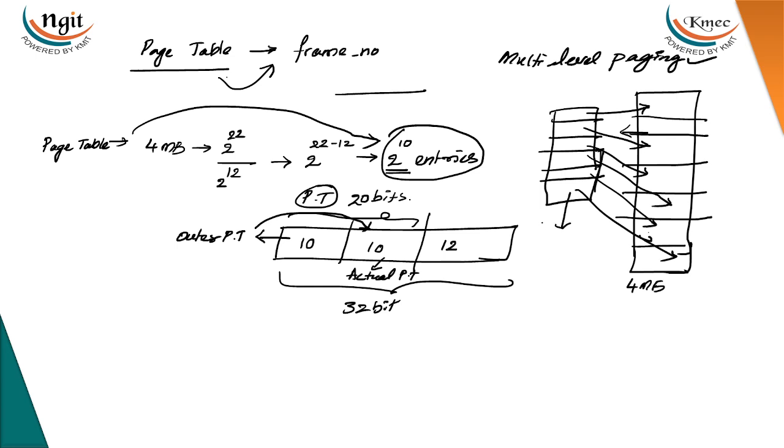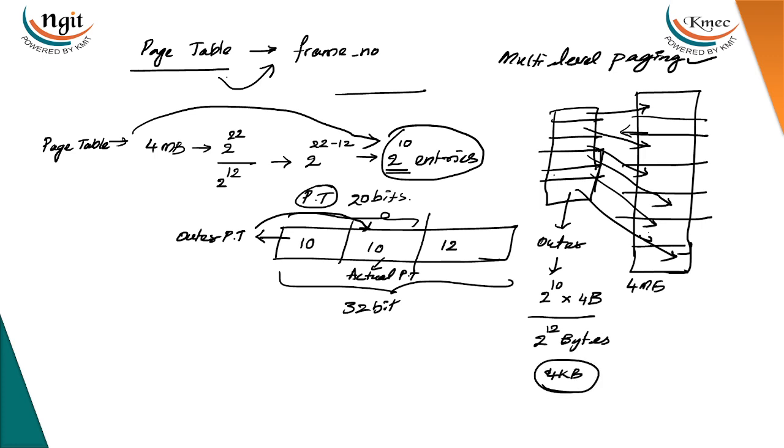Again, we need to find the size of the outer page table. How many entries in this particular page table? 2 to the power of 10. Again, each will require 4 bytes of data. So again, we need 2 to the power of 12 bytes of data. That means 4 KB.